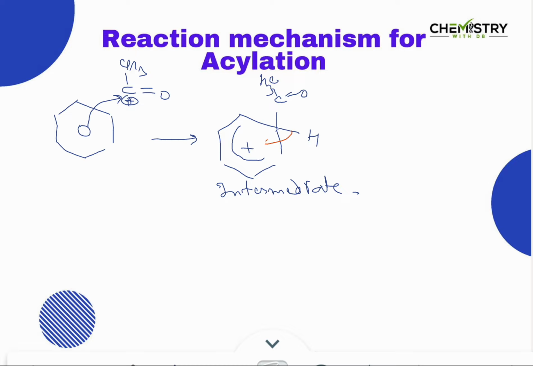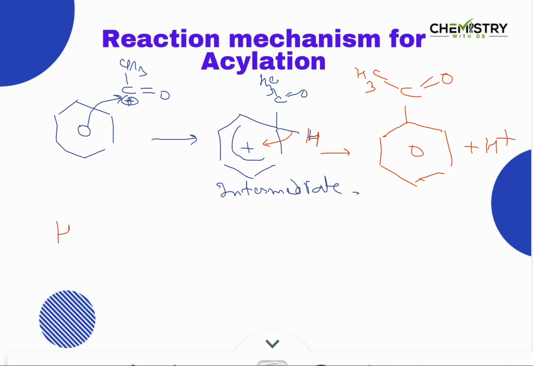So the hydrogen gives the electrons to the ring so that the ring reforms along with the C=O, the acyl group. So we have got phenylethanone, which is our product, and this hydrogen, which is lost as H plus ion, will have the catalyst regenerated.